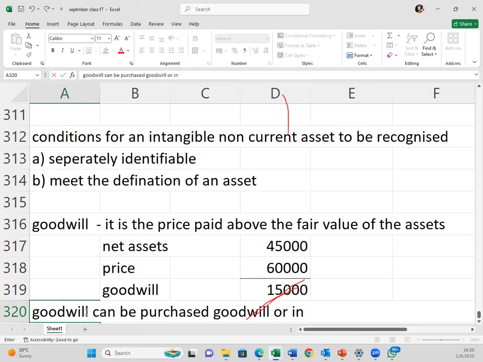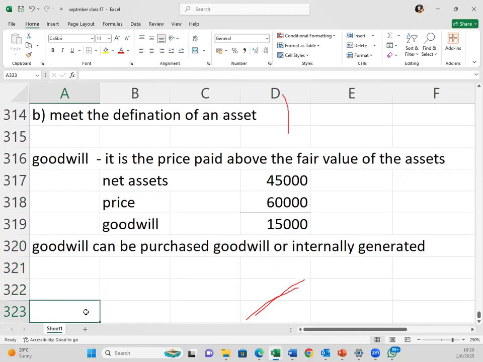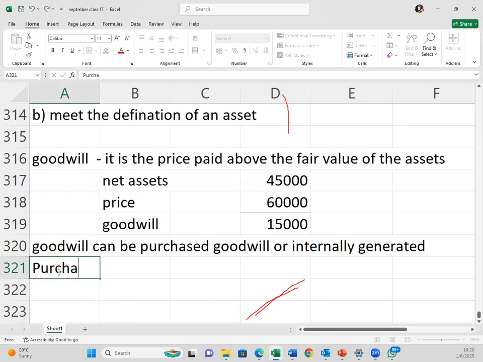We can have purchased goodwill or internally generated goodwill. So the rule is, if the goodwill is purchased, we recognize it as a non-current asset.